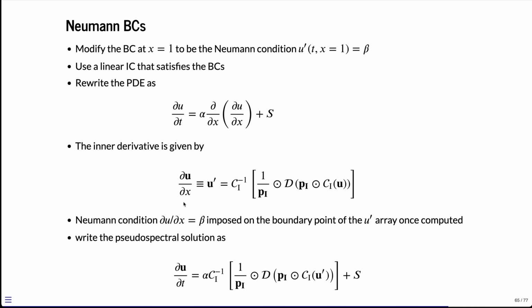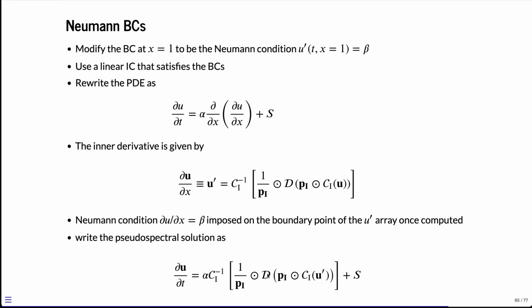Then we can impose the Neumann boundary condition at the upper boundary, since we know it. We can say, okay, let u prime at the end of the domain equal beta, and then we can apply a derivative operation to u prime to get the second derivative. Then we multiply by alpha, add the source term, and that constitutes our rates, which we can then advance using the method of lines.